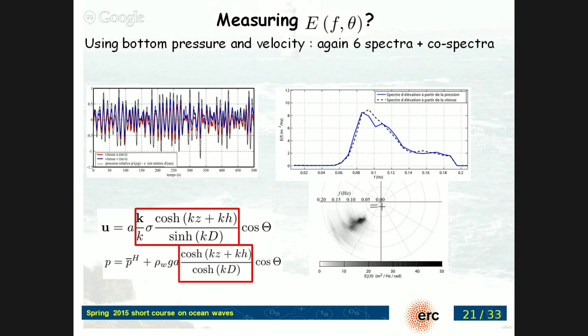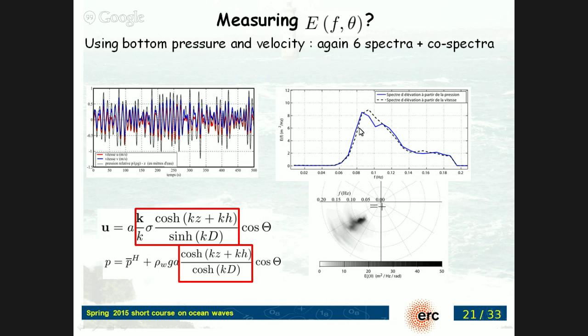Another example here, these are measurements for a few minutes. In blue and red you have the velocity in the east and north directions, and in black it's the pressure converted to water elevation. So it's pressure at the bottom in meters. And from these things you can compute the surface spectrum.